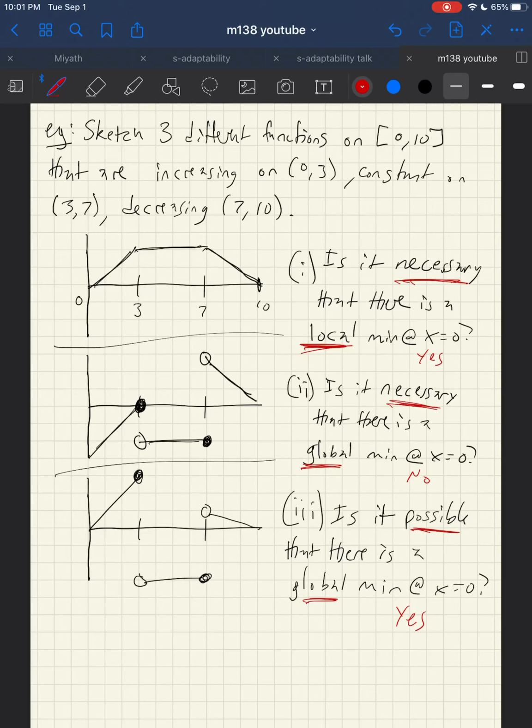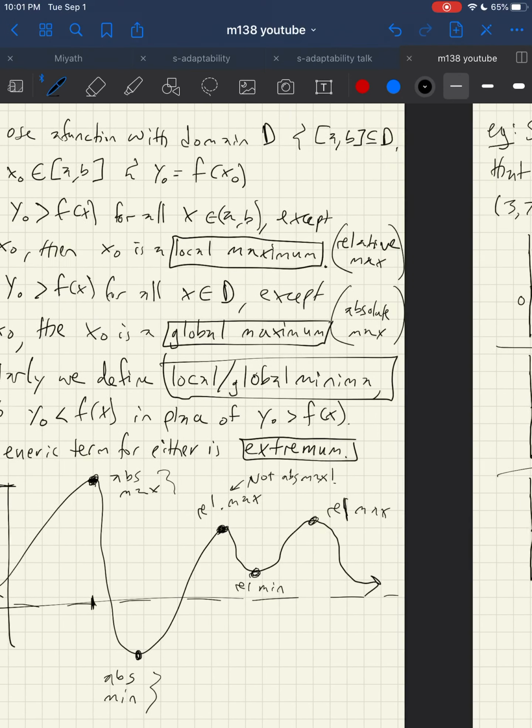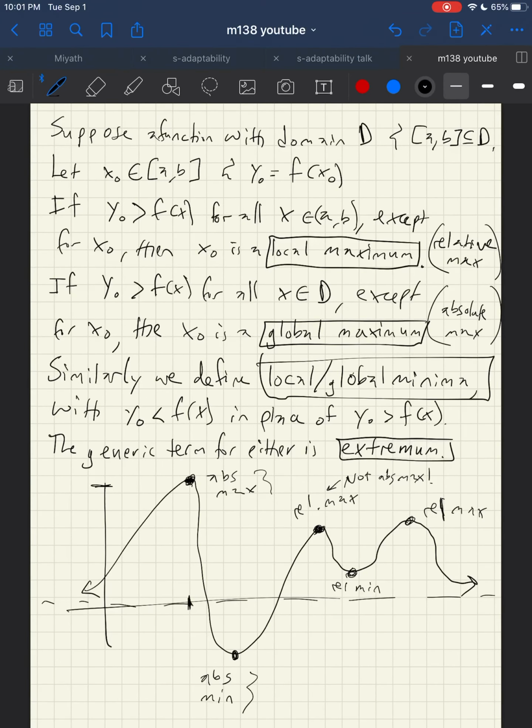Now, if you're wondering why I'm looking at the minima that are at these endpoints, it's similar to this, except it just looks a little bit funny because x naught is in this closed interval.